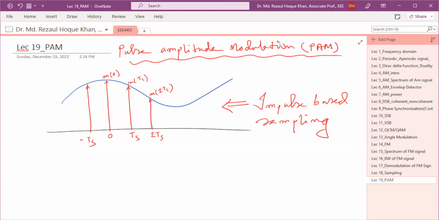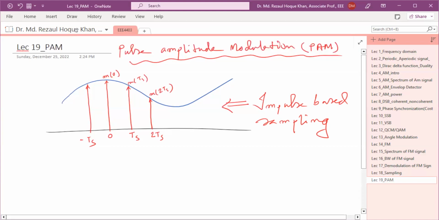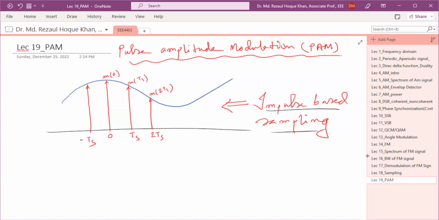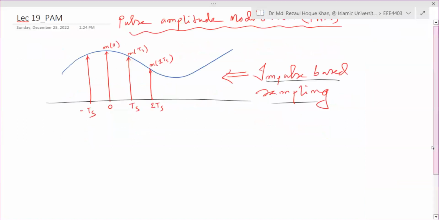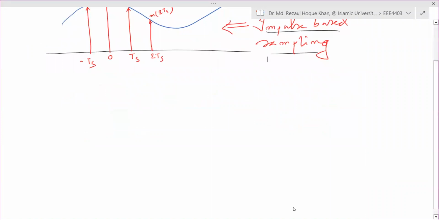Now, instead of impulse based sampling, we want to do sampling by pulses, not impulses. Let us see what we can do with pulse based sampling.